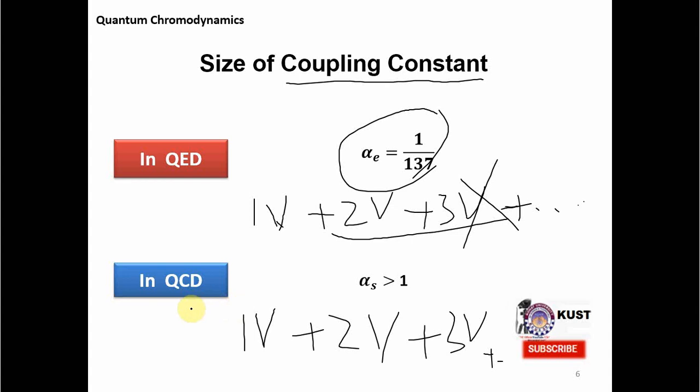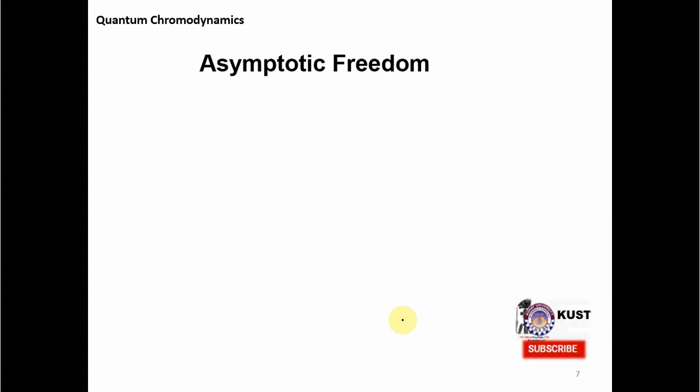So this was a source of concern, and physicists at that time were very concerned about it, because the very success of Feynman diagrams and Feynman calculus in the case of QED could not be taken forward towards QCD. But fortunately this problem was solved by the phenomenon known as asymptotic freedom.